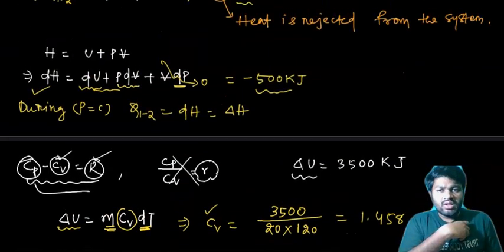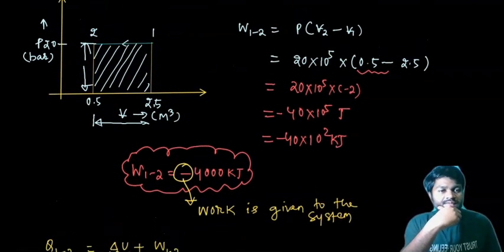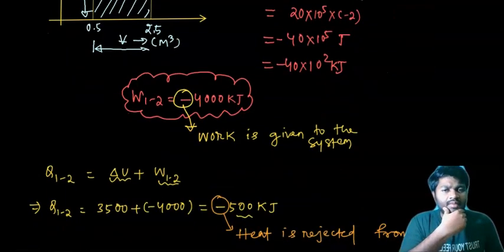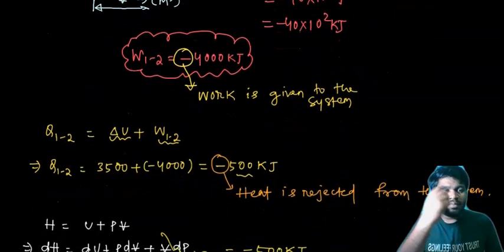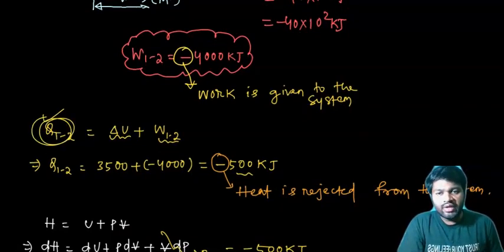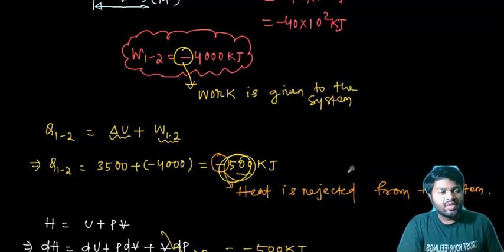By simply using the equation of your work interaction, you can find out the value of work. This is 4000 kilojoule. So this is the value of the work. After finding the value of work, applying the first law of thermodynamics, you can find out the value of heat interaction, that will be equal to minus 500 kilojoule.